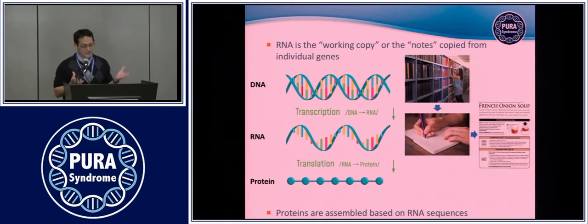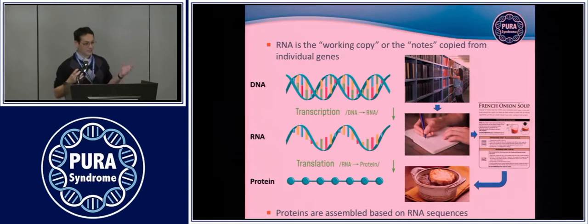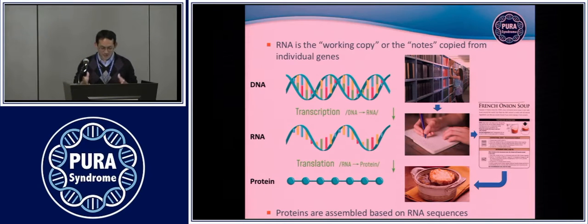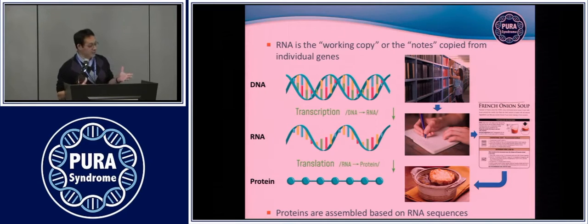Now you have to, as a cell, pick all the ingredients out and make it into the real thing, and then you've got something. And so this is apparently what French onion soup is. So that is sort of what's going on in a nutshell for each of your 20,000 or so different genes. They're doing different things with different recipes at different times in different cells. So it's quite complicated, but that's in a nutshell what's going on.